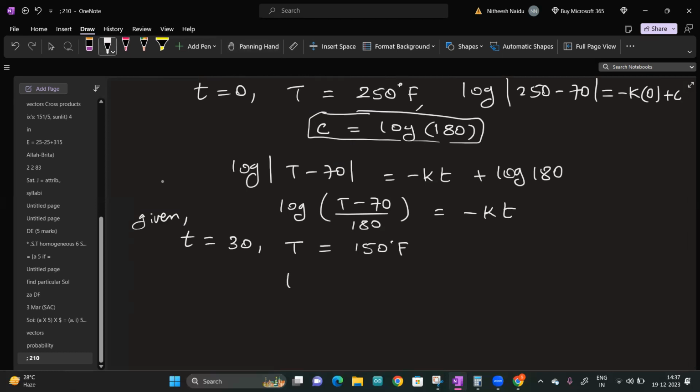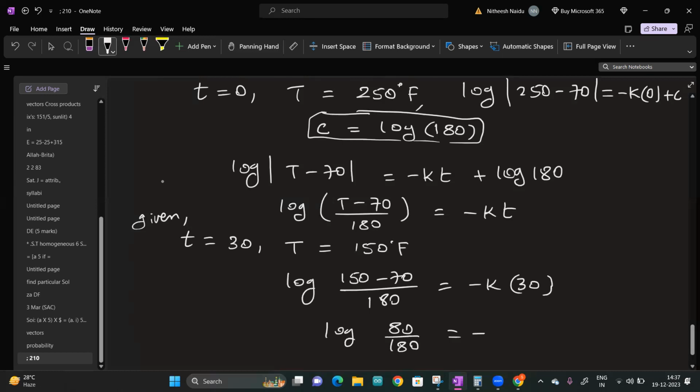So log of (150 minus 70) divided by 180 is equal to minus k into 30. How much is 150 minus 70? Do the subtraction. 80 by 180 is equal to minus k into 30.